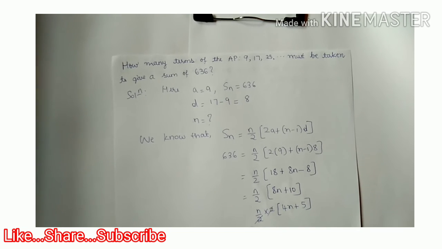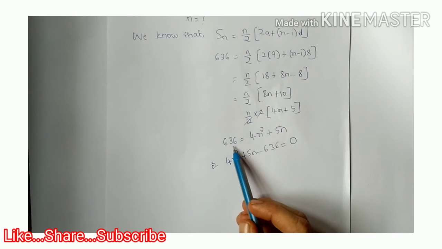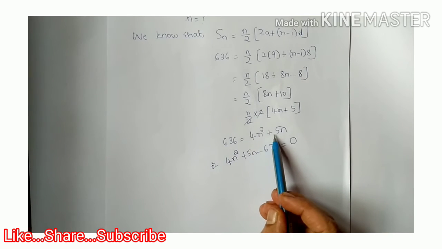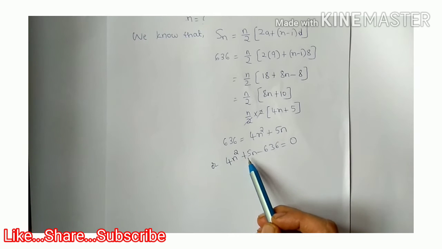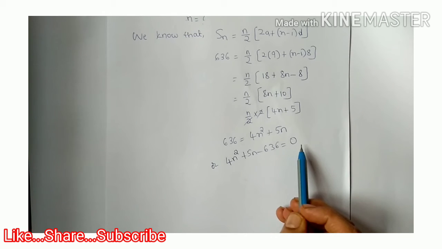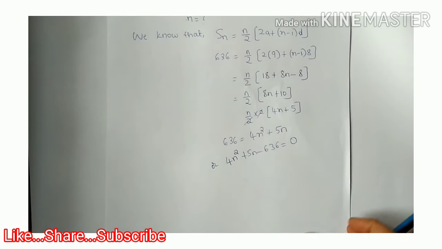Cancel 2 with 2, therefore 636 is equal to n into 4n plus 5, that is 4n square plus 5n. So 4n square plus 5n minus 636 is equal to 0.